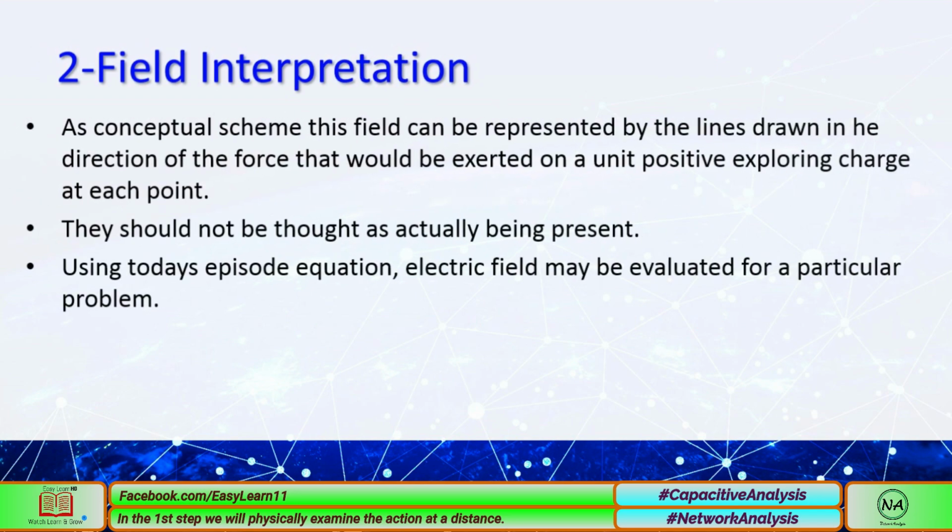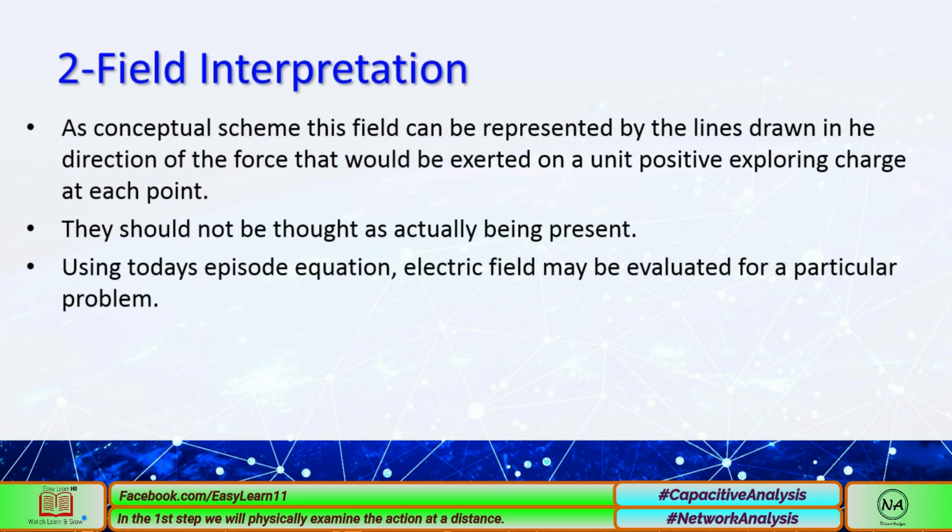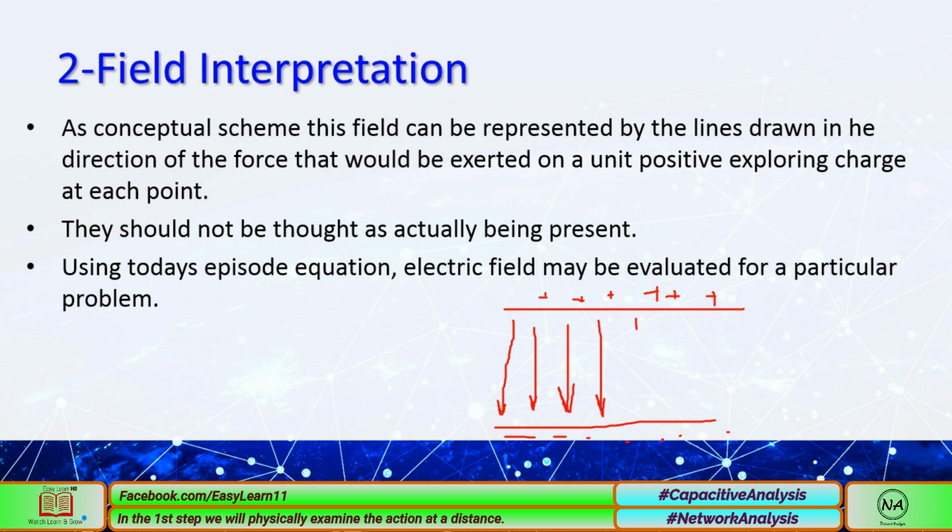We can draw the specific lines, the field lines that may represent here, like this is a plate that contains mostly positive charges, here is the negative end. If we are going to draw the lines for our conceptual purpose, they cannot be seen actually, they are just for conceptual purposes.